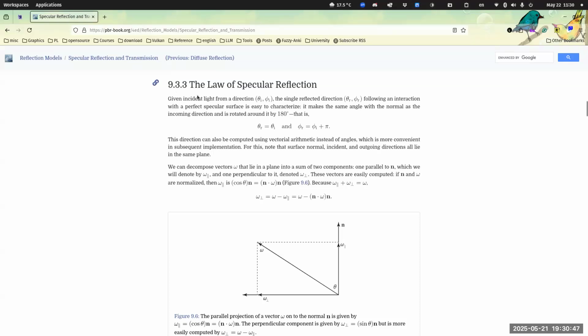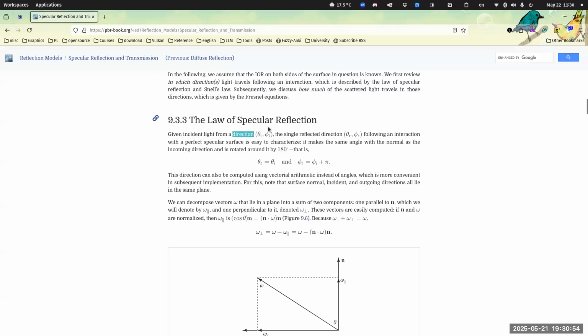So given an incident light from a direction theta I and phi I, a single reflected direction theta R and phi R following an interaction with a perfect specular surface is easy to characterize.